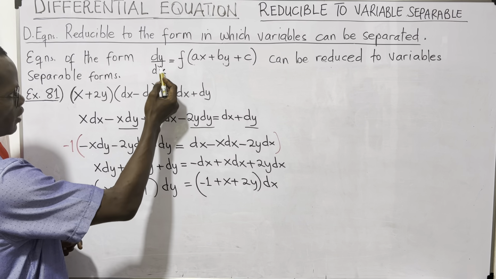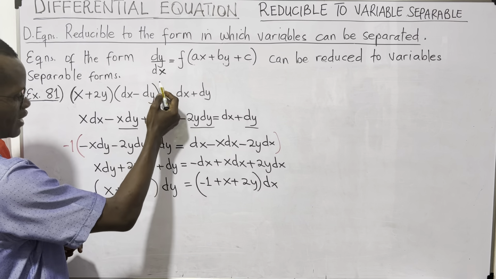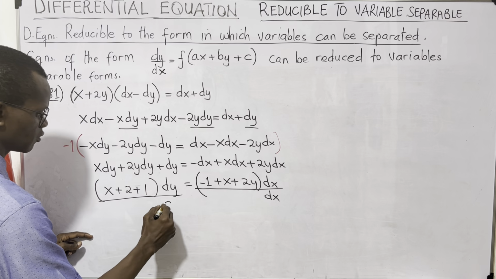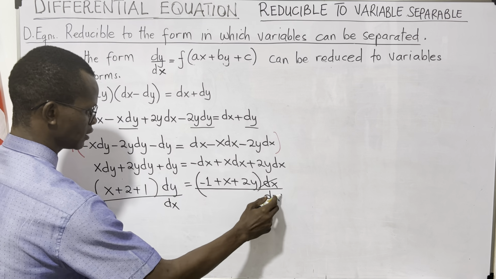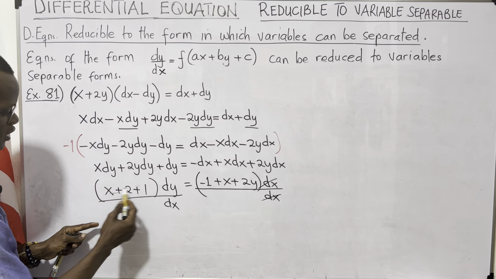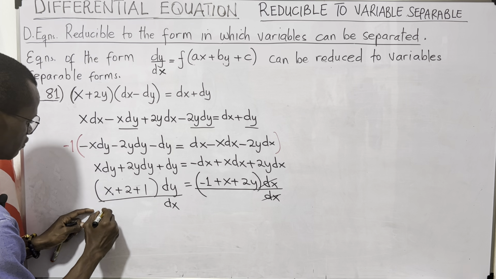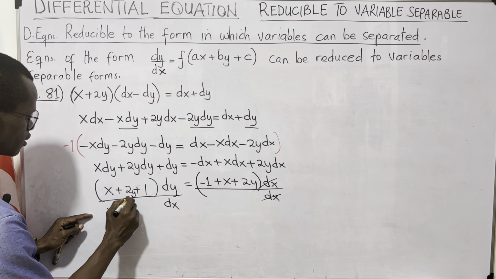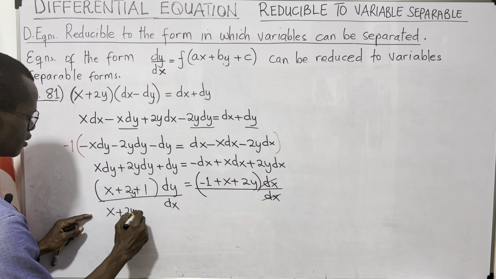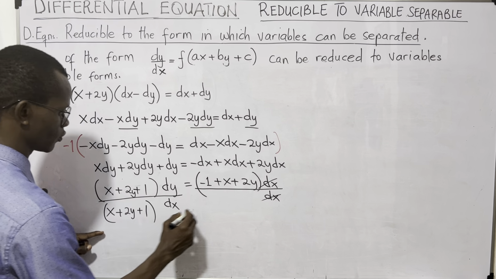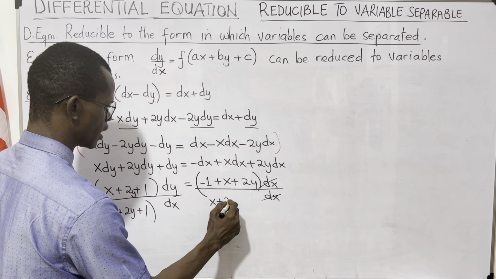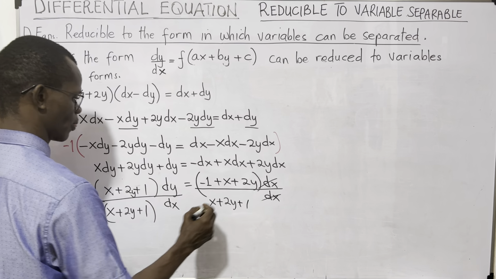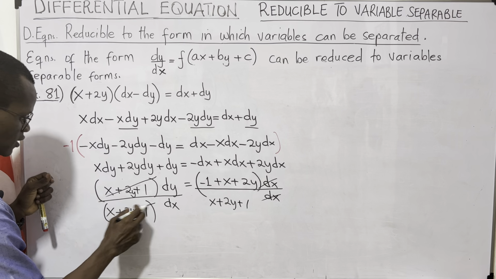Now, since we want to have dy by dx, we have to divide both sides by dx to get rid of the dx from that side. So dx cancels. We also divide both sides by x plus 2y plus 1, so this and this cancel.